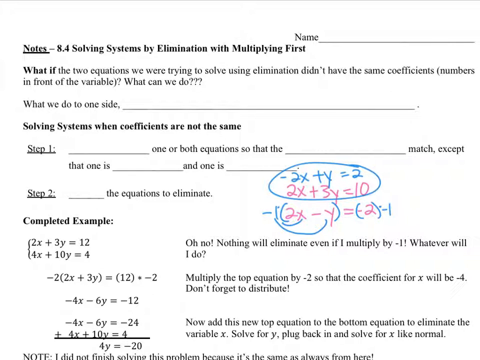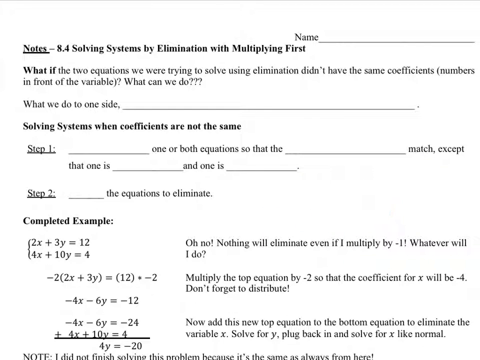So our question now is, what happens when it's not that nice at all? I've got a completed example here, but I'm going to go to example 1. If you notice in example 1, if we add these two equations together right now, nothing's going to eliminate.